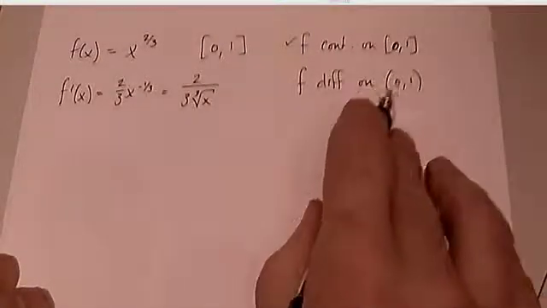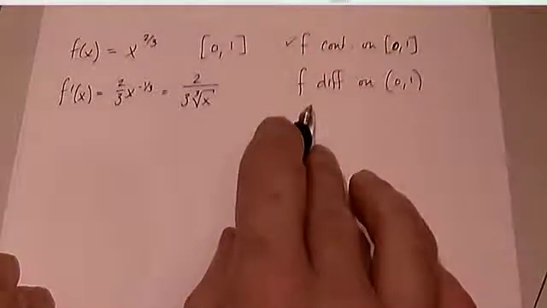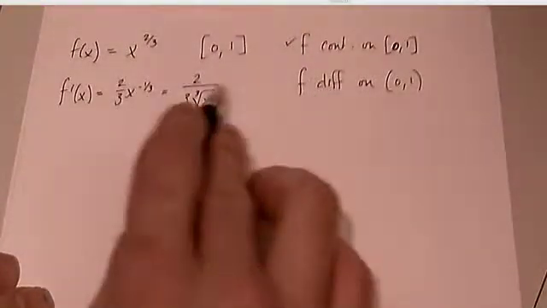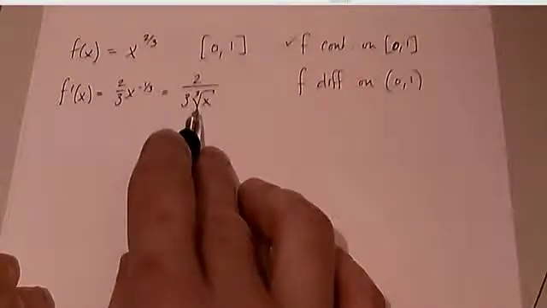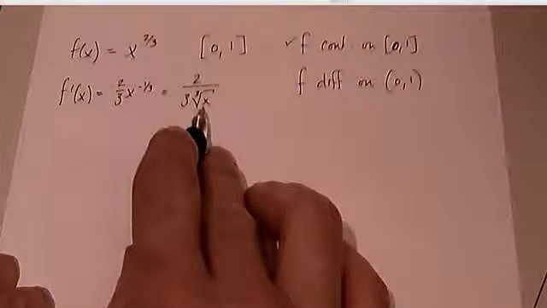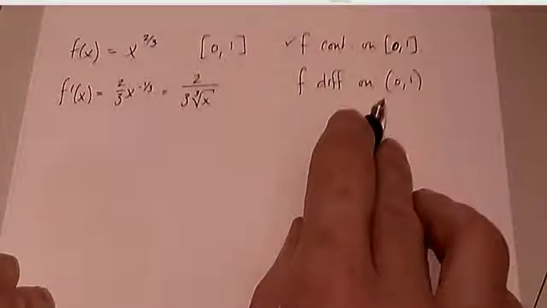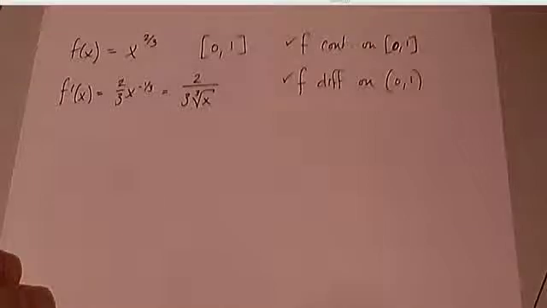It doesn't include the endpoints. And this is kind of why. Basically, you're evaluating whether f prime is continuous on the open interval, and the only value for which f prime is discontinuous is 0. 0 is not included on the open, non-inclusive interval, and therefore f is indeed differentiable on 0 to 1.